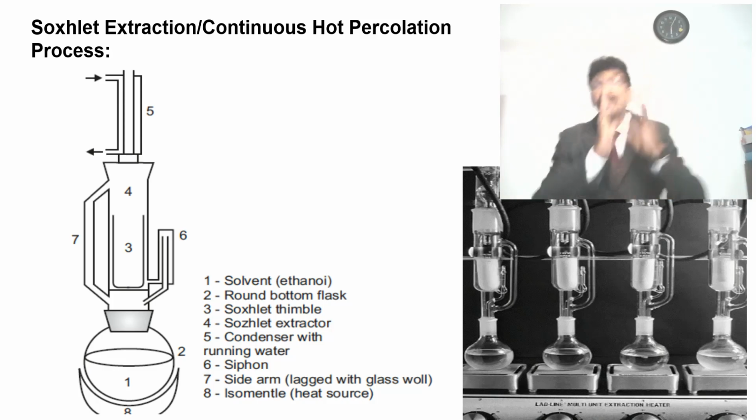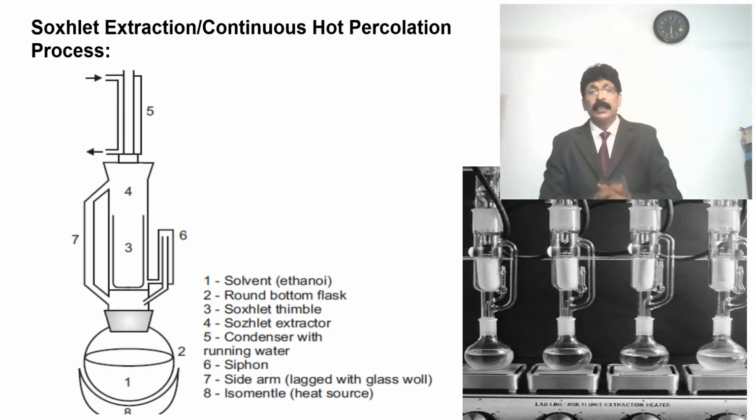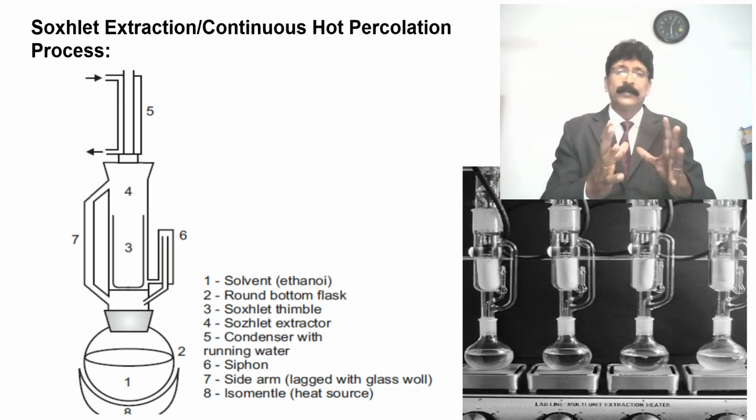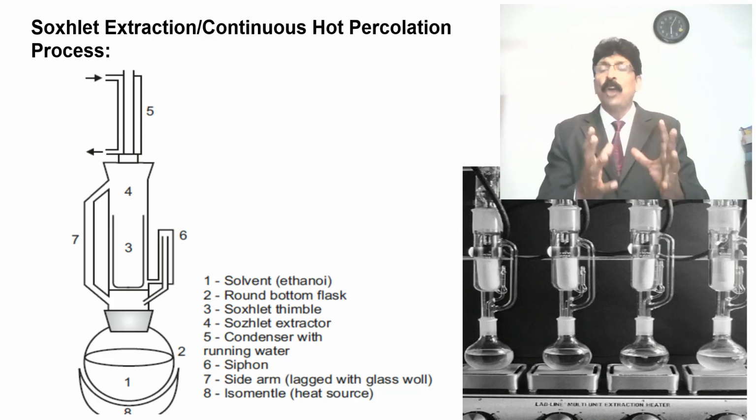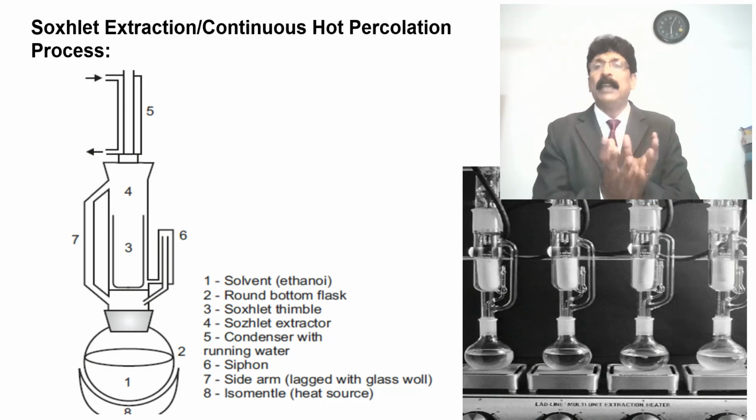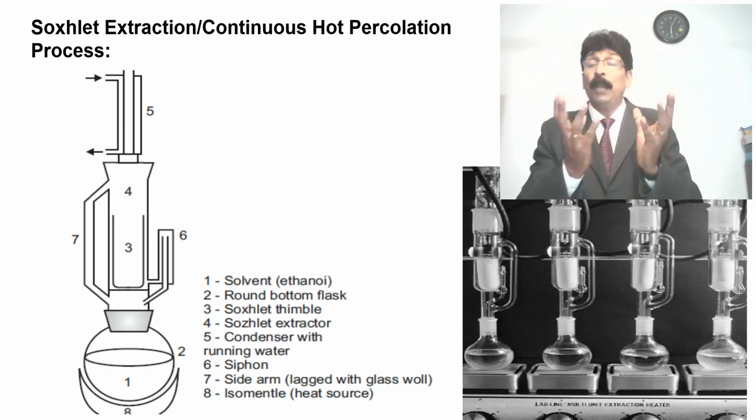You should observe very clearly: the round bottom flask has the solvent, and when it is heated by the heating mantle, the solvent vapors rise.